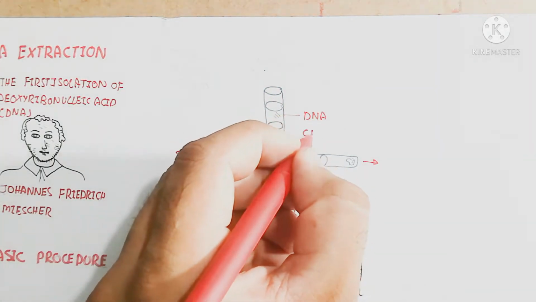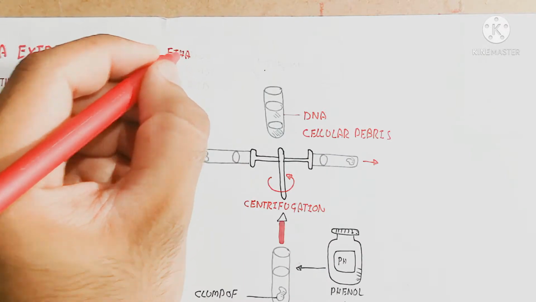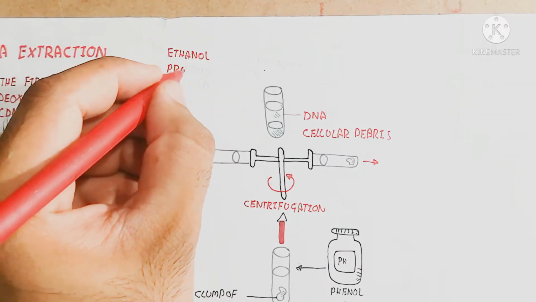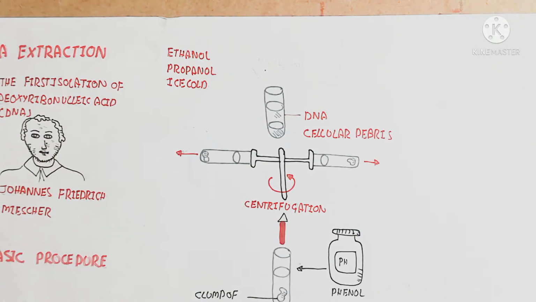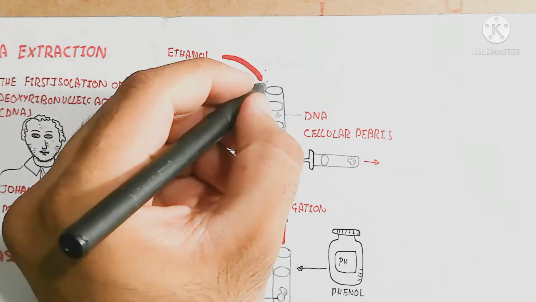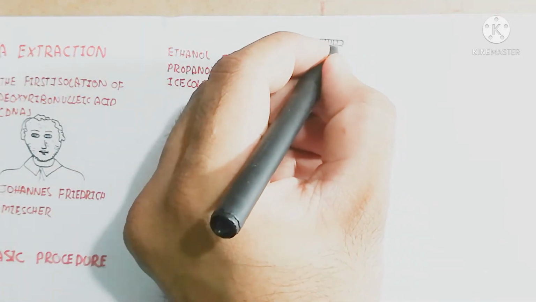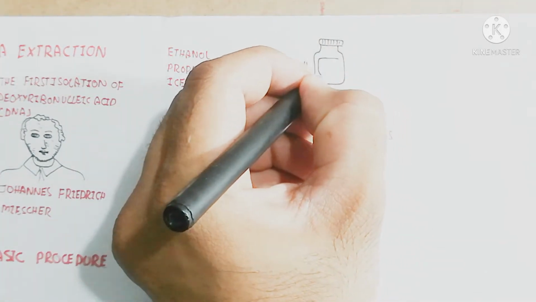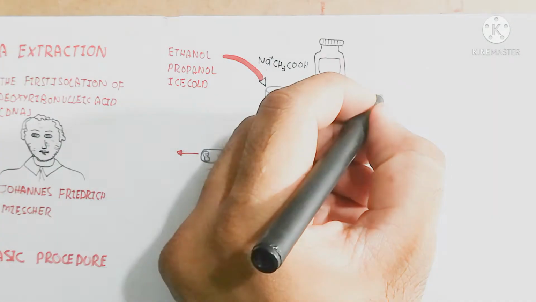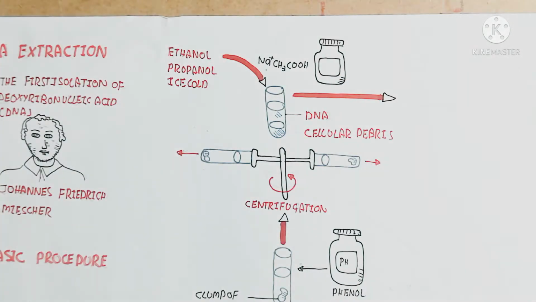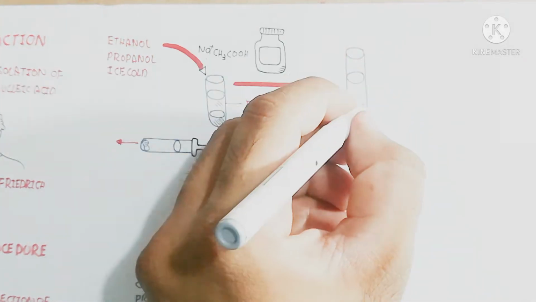The sodium acetate helps the DNA in the aqueous phase. Why? Because its density is less than the other proteins, organelles, cytoplasm or cell membrane. So the cellular debris will precipitate at the bottom. That is the mechanism of the DNA separation.